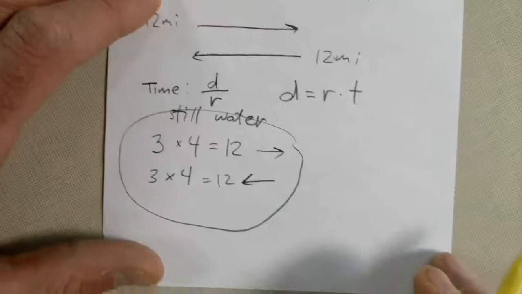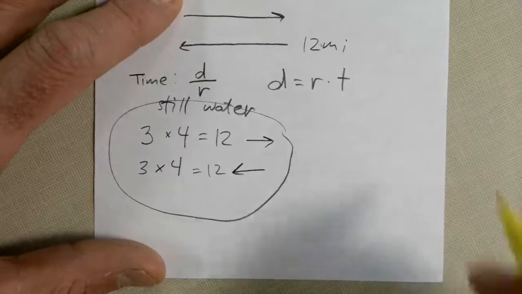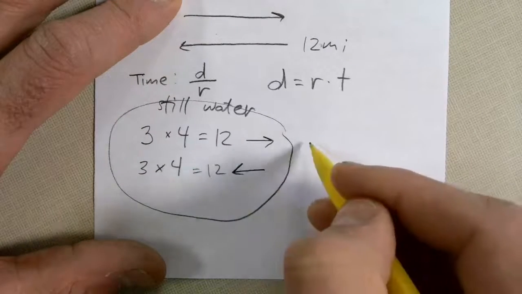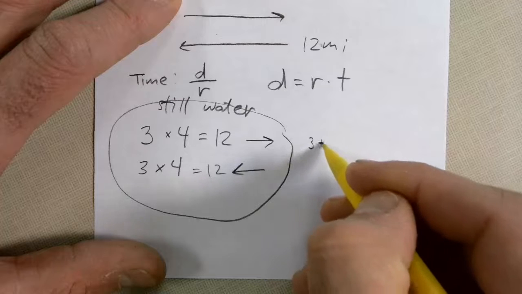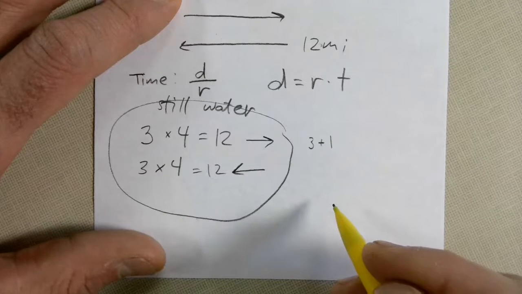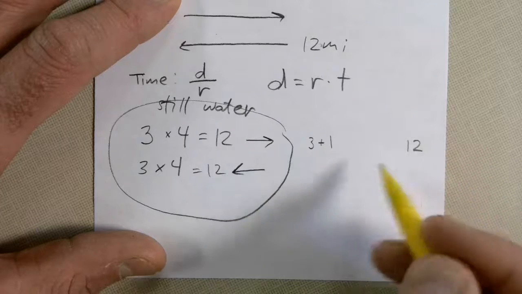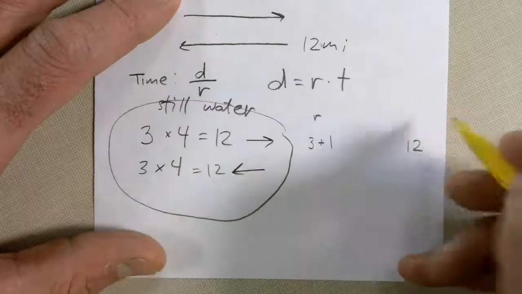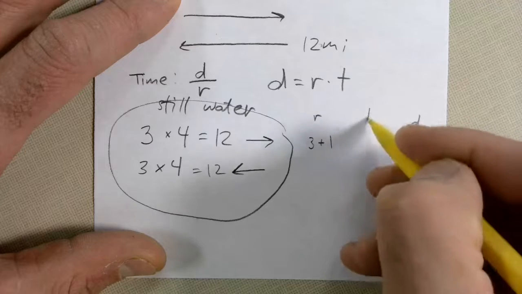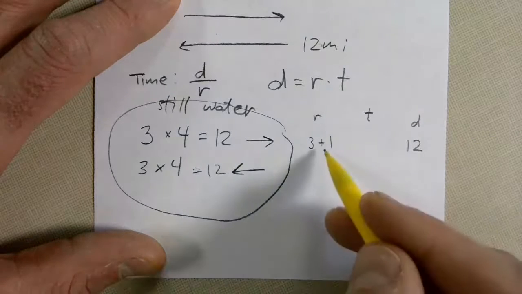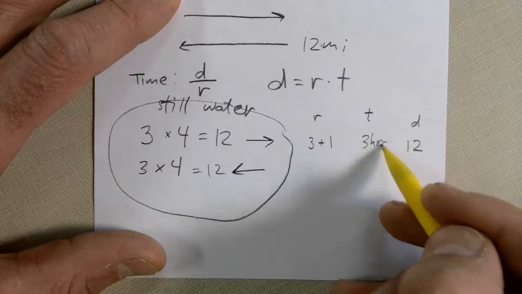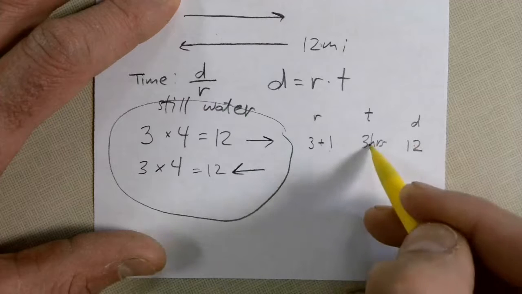Now what happens if we throw in some current? Well, remember, if you go downstream, you're really doing 3 plus 1 miles an hour. And then the distance is 12, so if this is your rate and this is the distance, what's your time? Well, the time would be 3 hours, because 12 divided by 4 is 3.